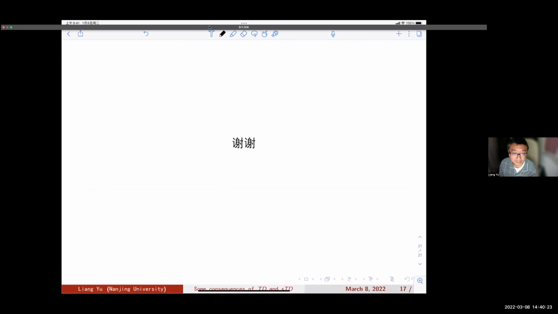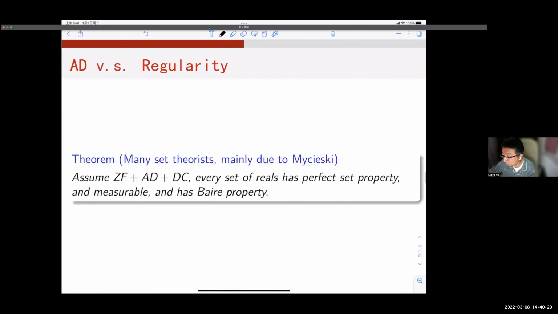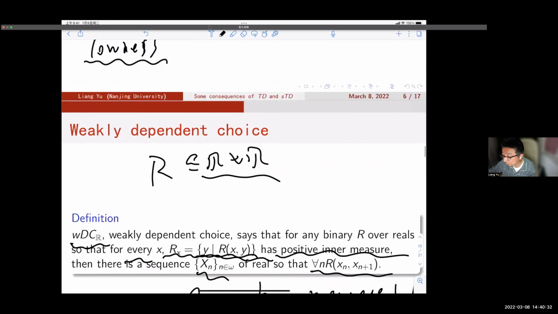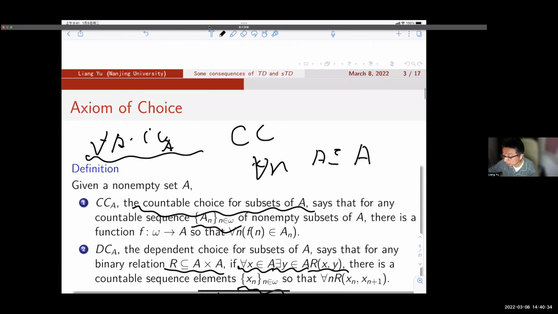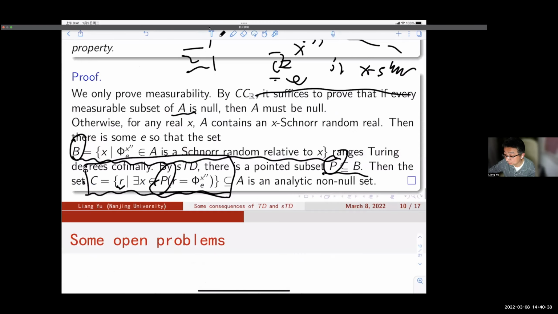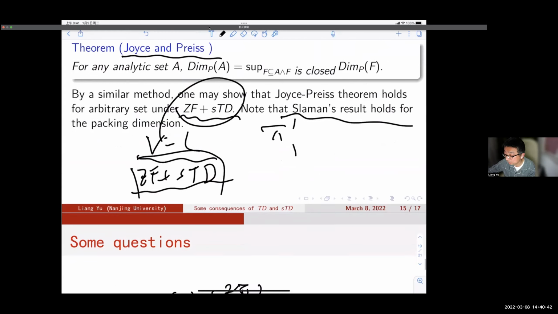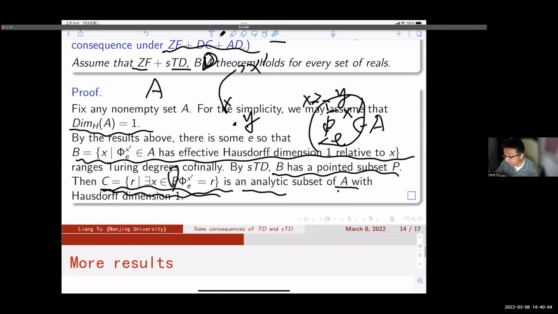I have a question. You showed us a very short proof using Turing determinacy of the Hausdorff regularity. And the conclusion was that you find an analytic non-null set. I guess the proof of the Hausdorff regularity for analytic subsets, I'm not familiar with it, but is it very quick to see that?